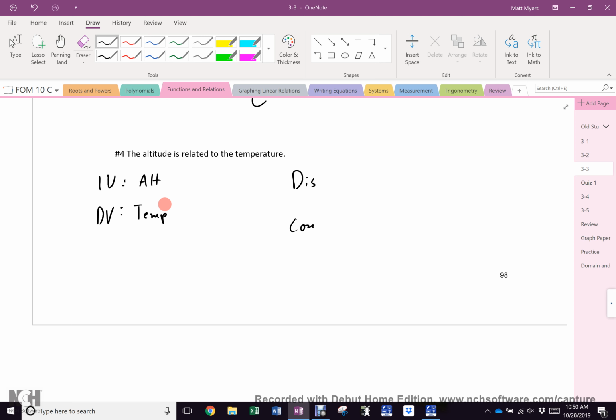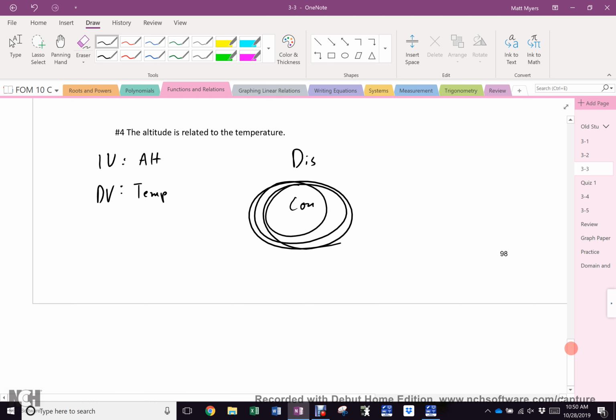For me to get from here to Mount Baker, can I teleport there? I wish. What would I have to do? I would have to pass through all of the altitude between now and Baker, yes? And would I always have a temperature? So it's continuous.